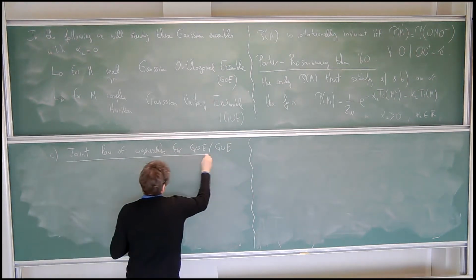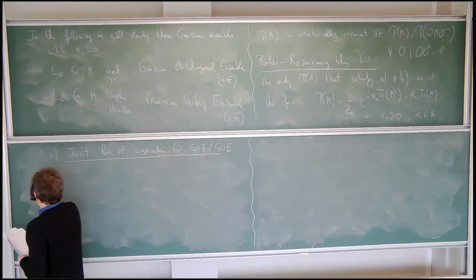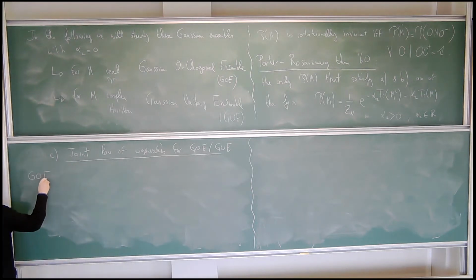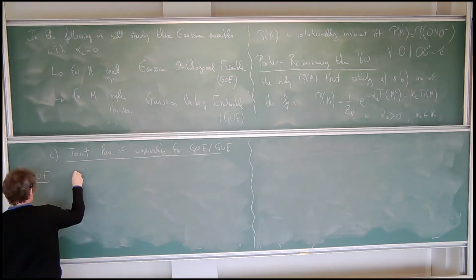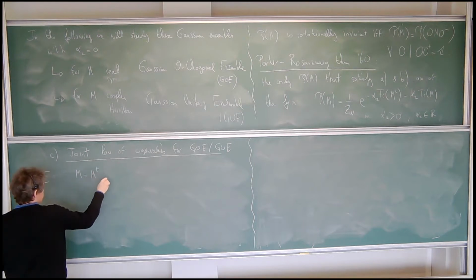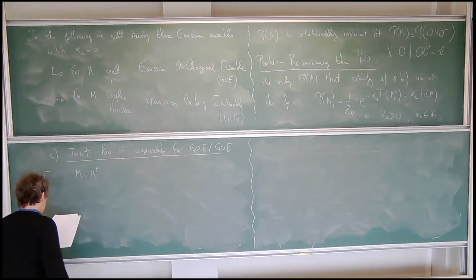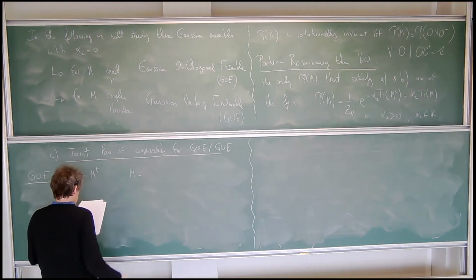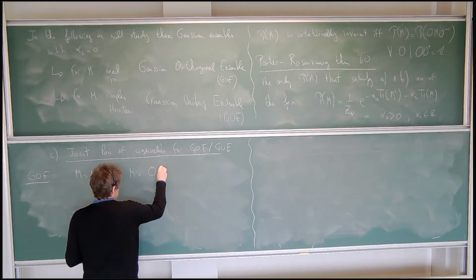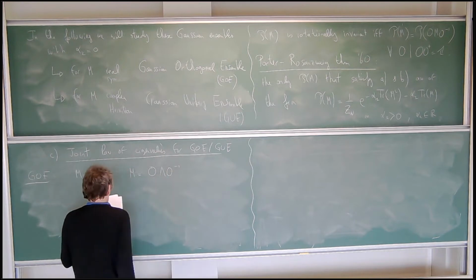Let's stick to the GOE, and at the end I will show you what modifications you would expect. So M is equal to M transpose, and it has a diagonal form, which is quite convenient, and that I will write under this form.